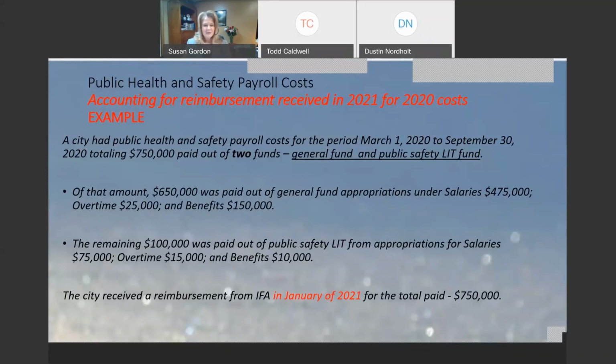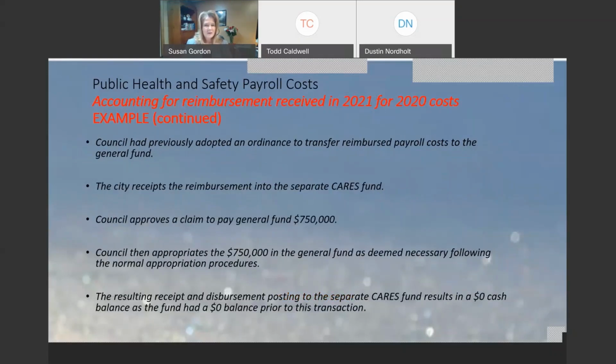The remaining $100,000 was paid out of public safety LIT from appropriations for salaries $75,000, overtime of $15,000, and benefits of $10,000. The city received the reimbursement from IFA in January of 2021 for the total amount paid of $750,000.